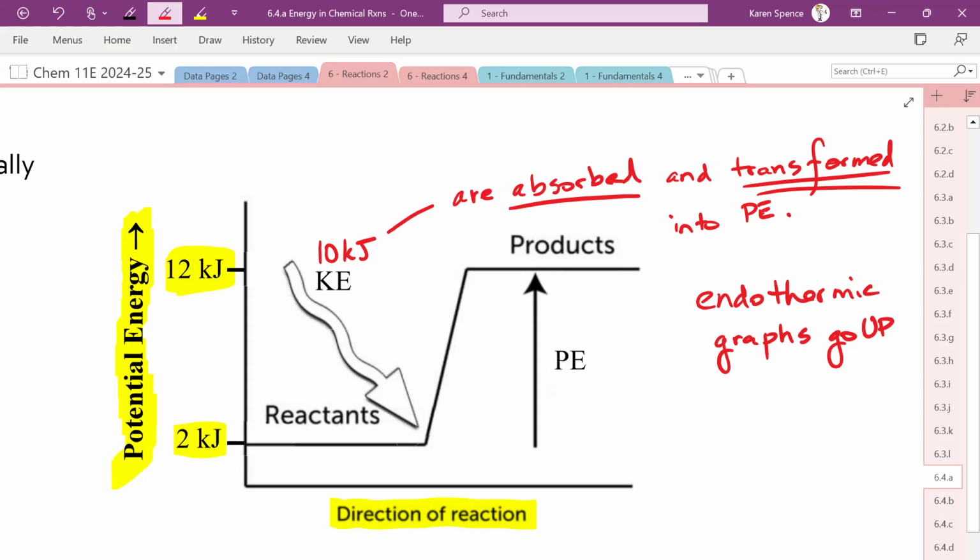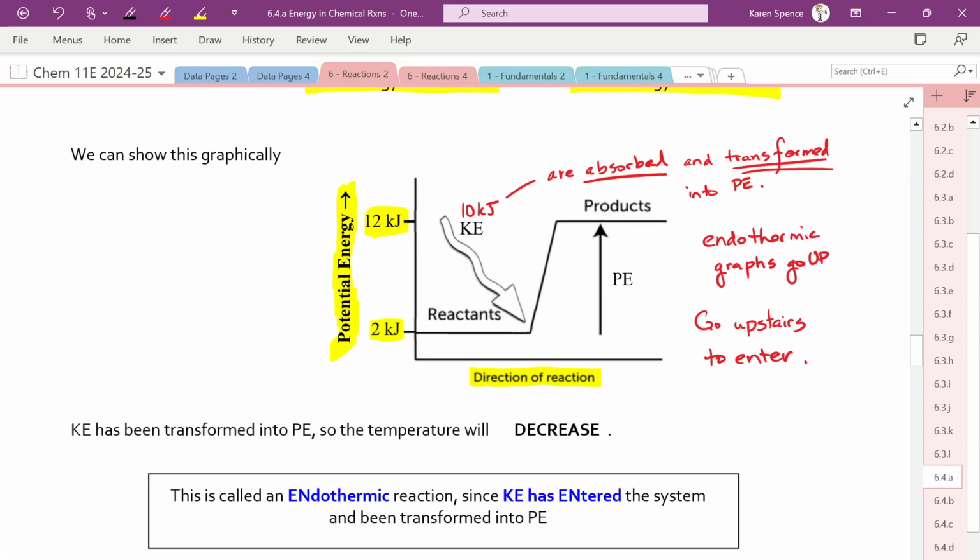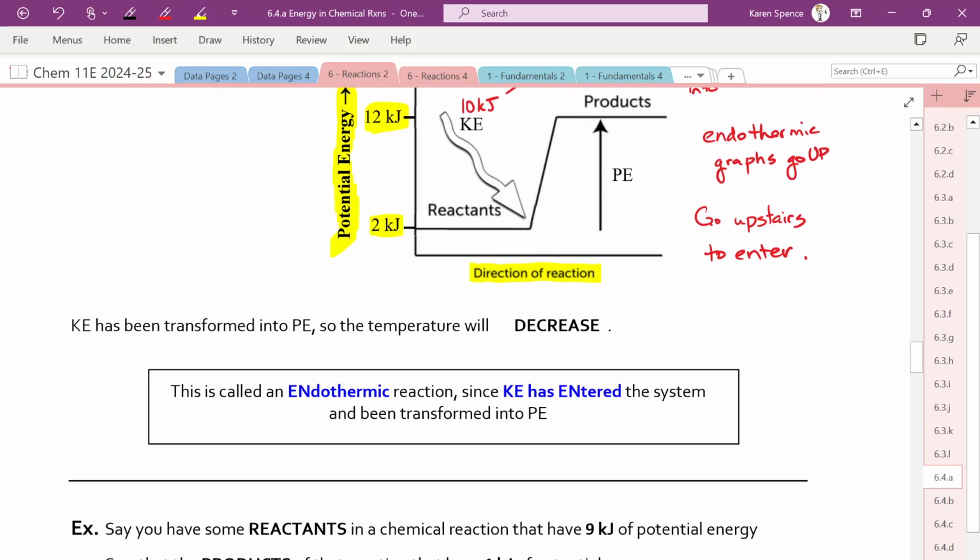You go up the stairs, so you go upstairs to enter, usually. Or if you arrive at someone's house, very rarely do you go down, you mostly go up. It's not an awesome analogy. I mean, my parents' house, you have to go down a stair to get to their front door, but, whatever. Okay, endothermic, temperature decreases, it feels cooler.